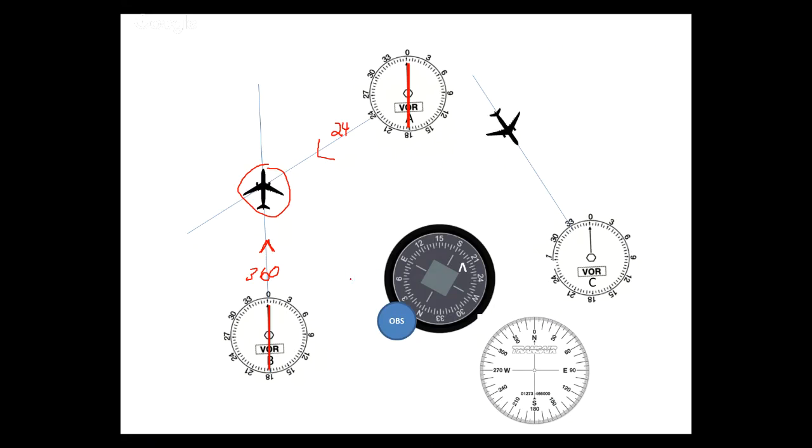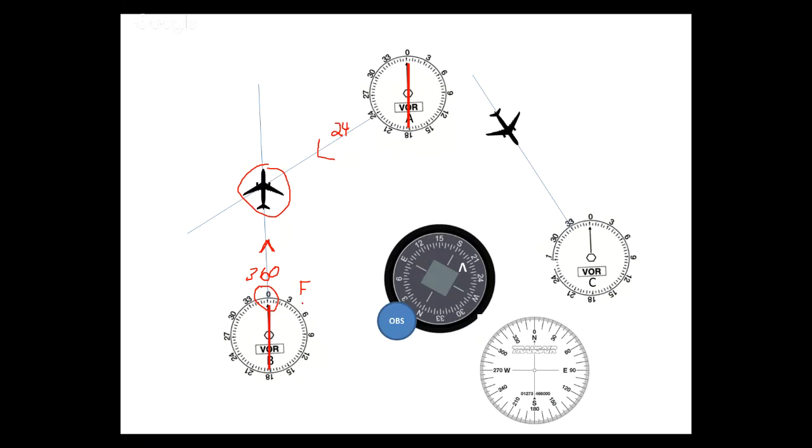The airplane is on the radial that's selected, right? So that means you're going to get a from indication on this VOR. I thought it would. Yes. Yeah. Sorry, it's a little slow, but I get it.